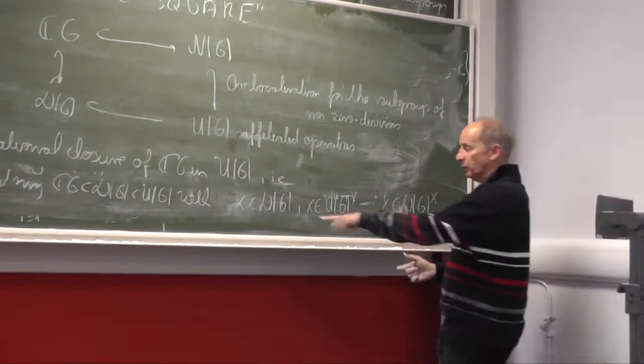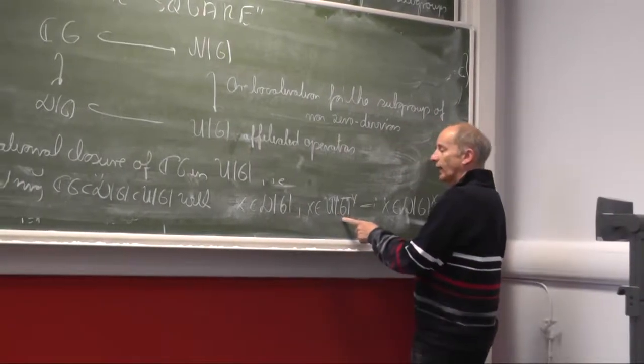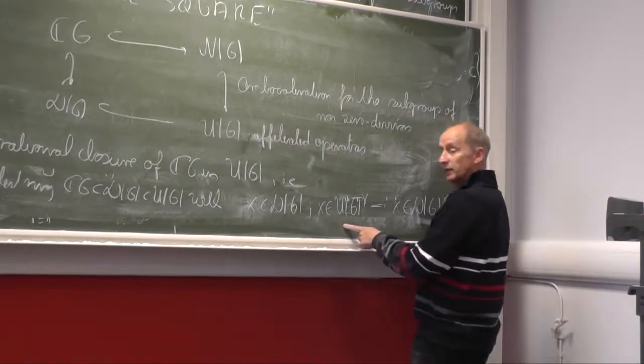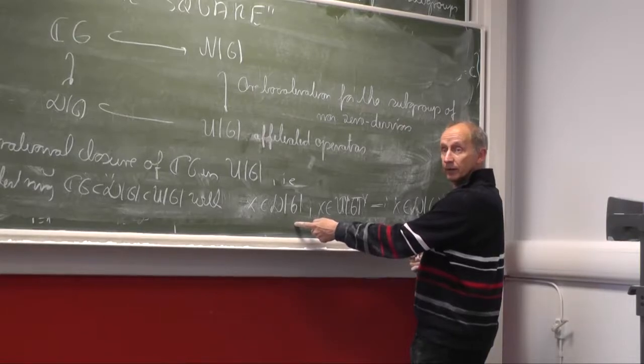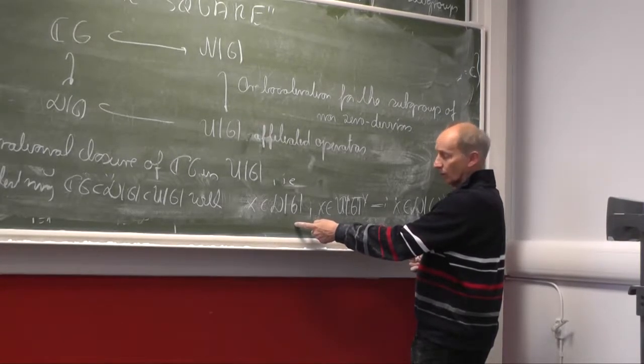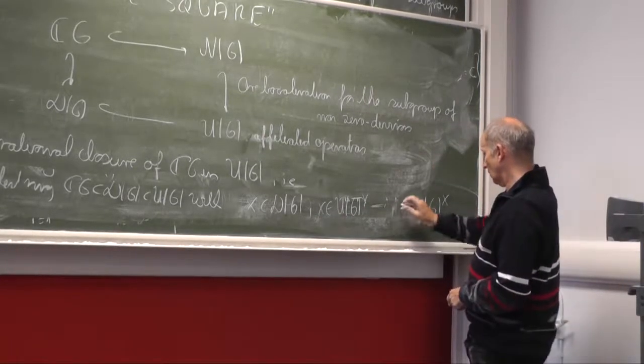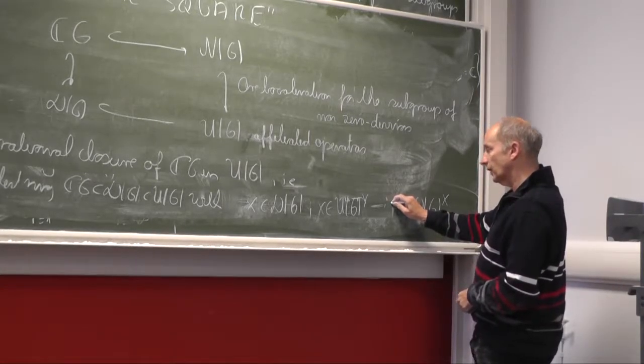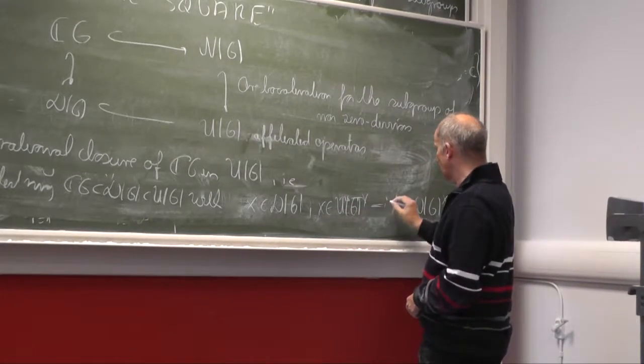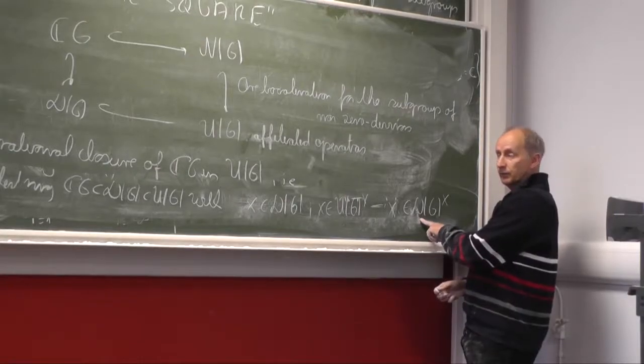So in other words, you start with x, you find y in U of G so that x times y is identity, and the y is already in here. So if x is a unit, then y is already in DG.